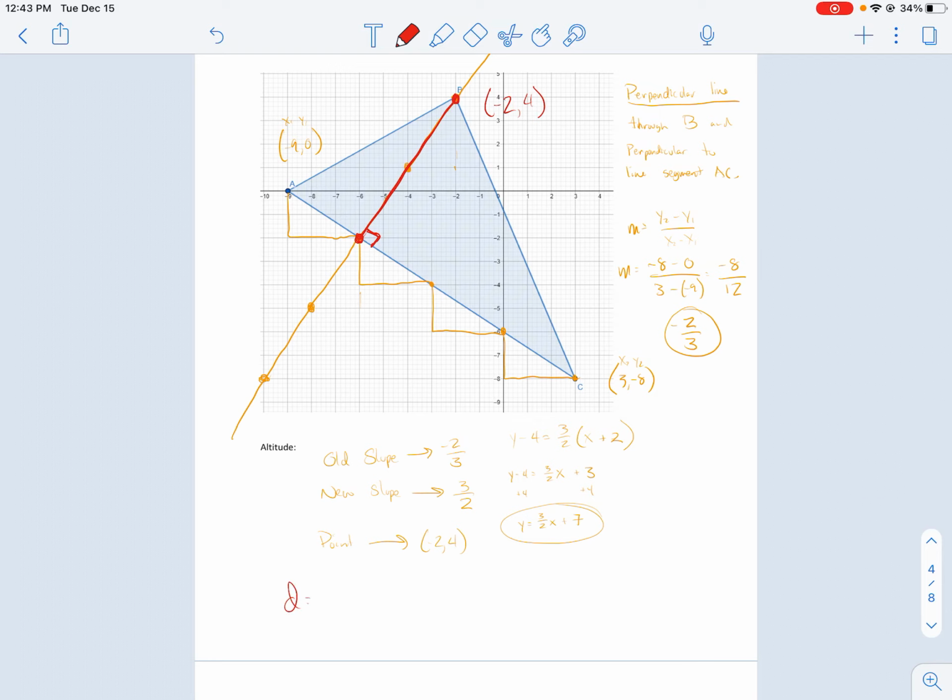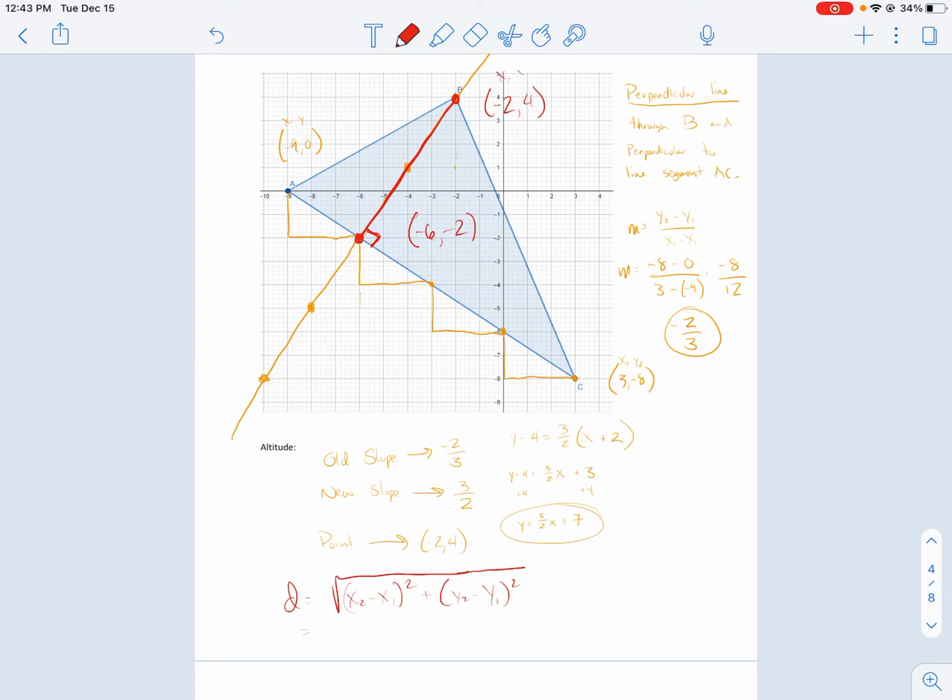So D is equal to the square root of x2 minus x1 squared plus y2 minus y1 squared. What's this point right here? This is -6, -2.